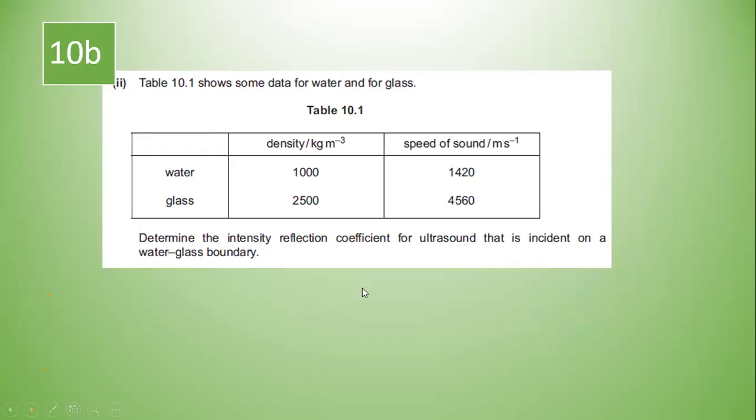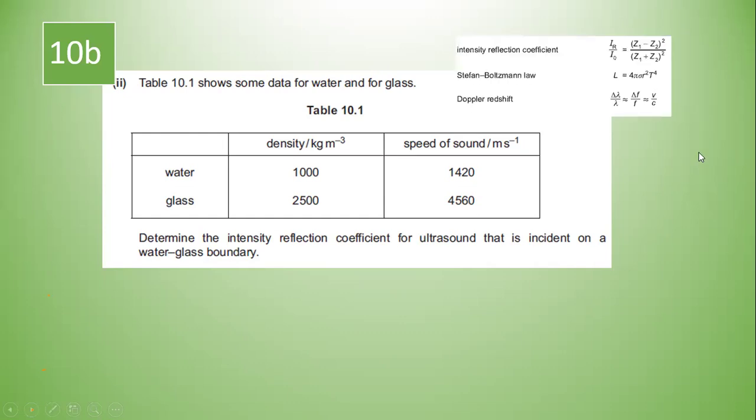Table 10.1 shows some data for water and for glass. Determine the intensity reflection coefficient for ultrasound that is incident on the water-glass boundary. Right, this is what is given in the formula sheet, and remember, go ahead, use it.